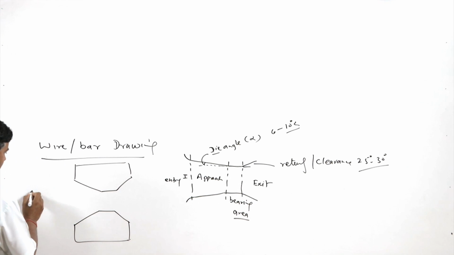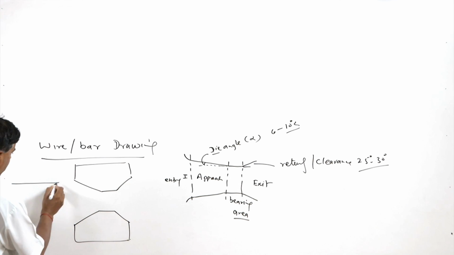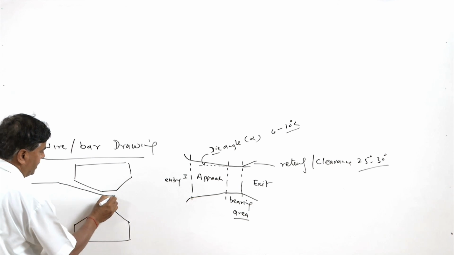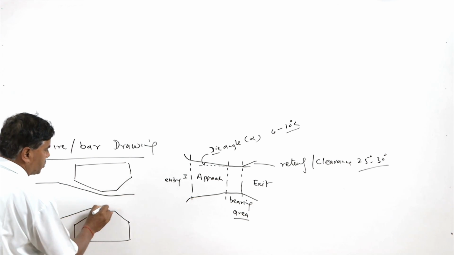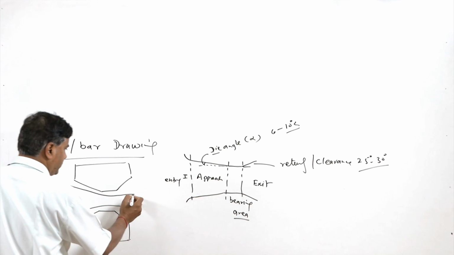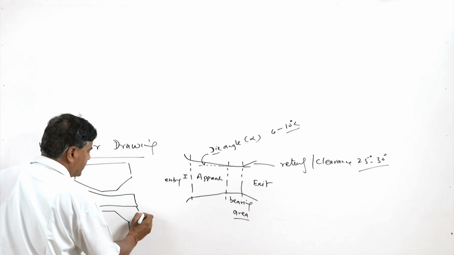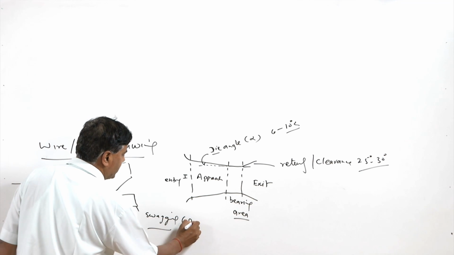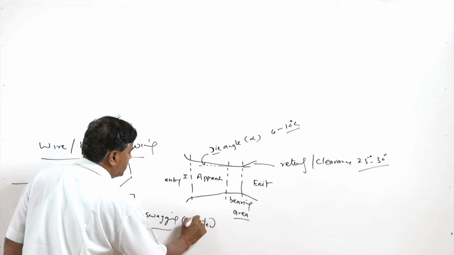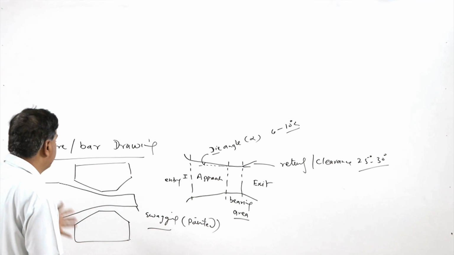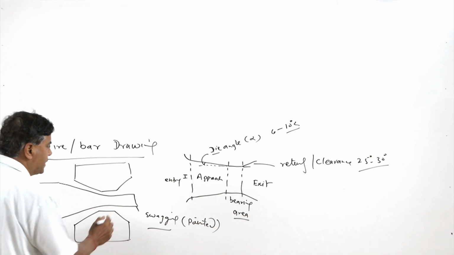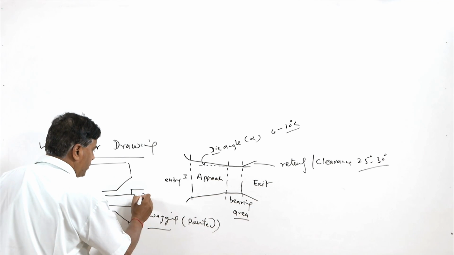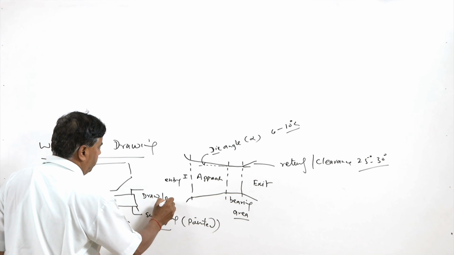First of all, the wire which is to be drawn will be of larger diameter. So, initially it is made pointed like this, so that it enters through the die, and this is made by the swedging process. It is an operation of reducing the cross section in a very localized manner before the drawing itself, and this end is held or gripped in order to draw or pull it.